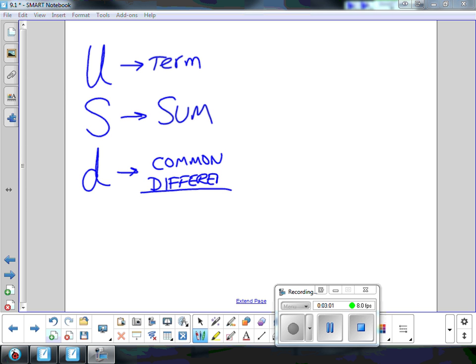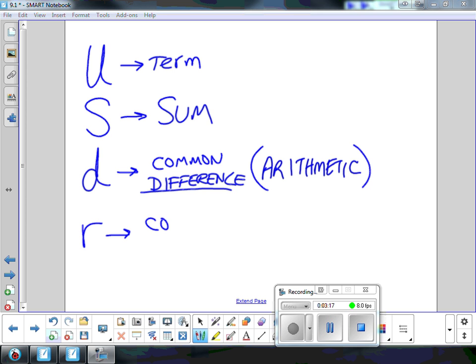The common difference. So what kind of sequence would it be? Good, it would be an arithmetic sequence. What's its sort of cousin? Not the common difference, but the common ratio. That's what R would be. And in that case, it would be what kind of sequence? Geometric.